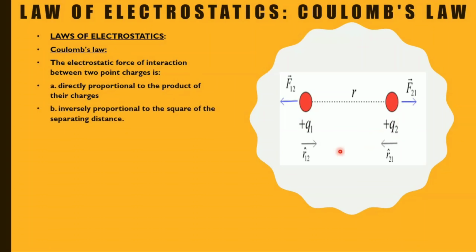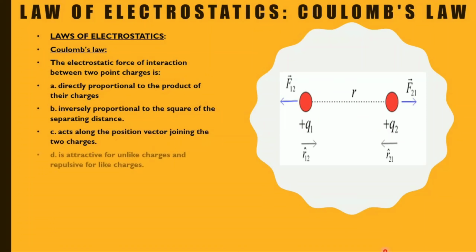And it is inversely proportional to the square of the distance separating these two charges, and it acts along the position vector joining the two charges. And lastly, it states that if both the charges are unlike charges, then they will attract each other, but if they are like charges, then they will repel each other.